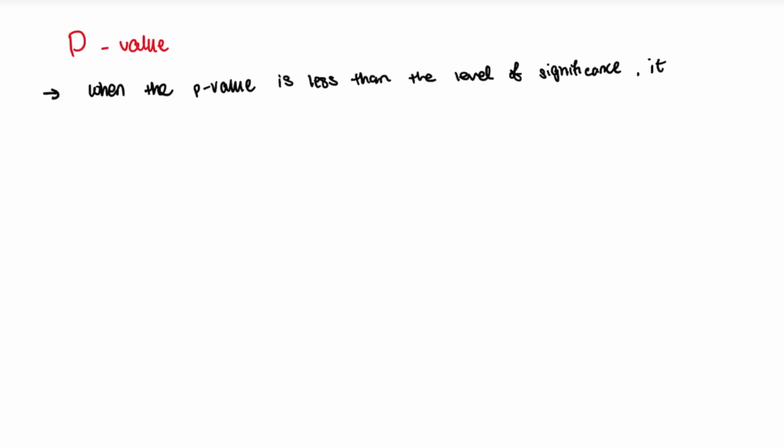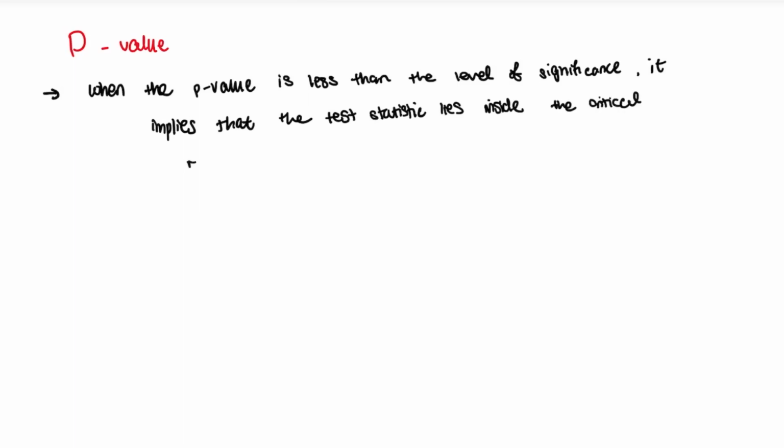So let's go through it. When the p-value is less than the level of significance, it implies that the test statistic lies inside the critical region.